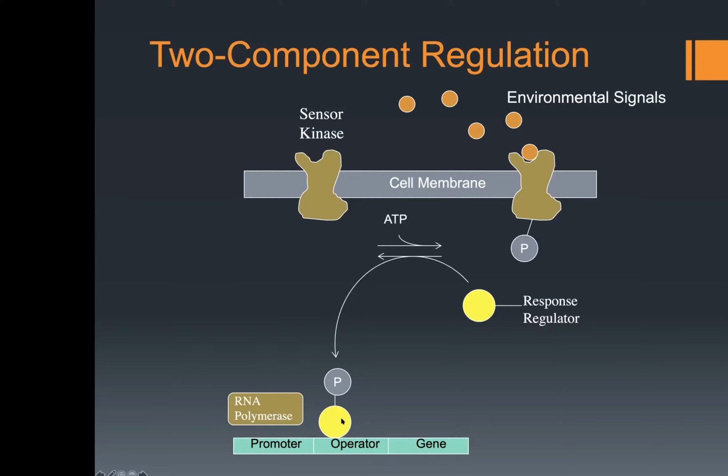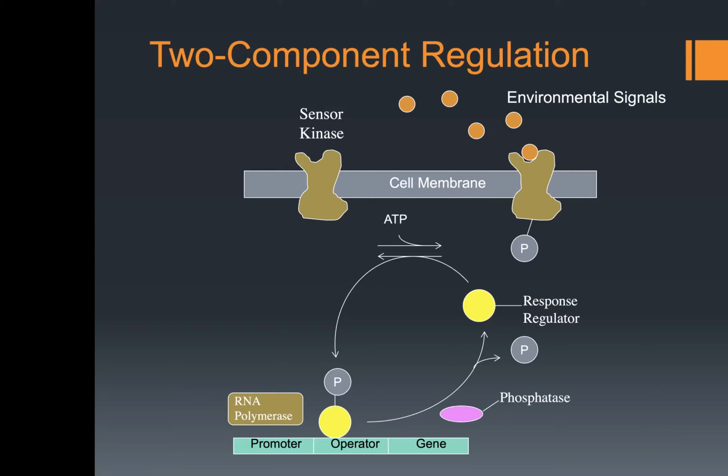This is where that response regulator will bind, and it'll either upregulate or downregulate whatever gene is in question here. And that will either turn on RNA polymerase's activity or suppress it. Okay. And then ultimately you need to get the phosphate back off so that you can regenerate your response regulator. And that's the phosphatase that I mentioned a minute ago.